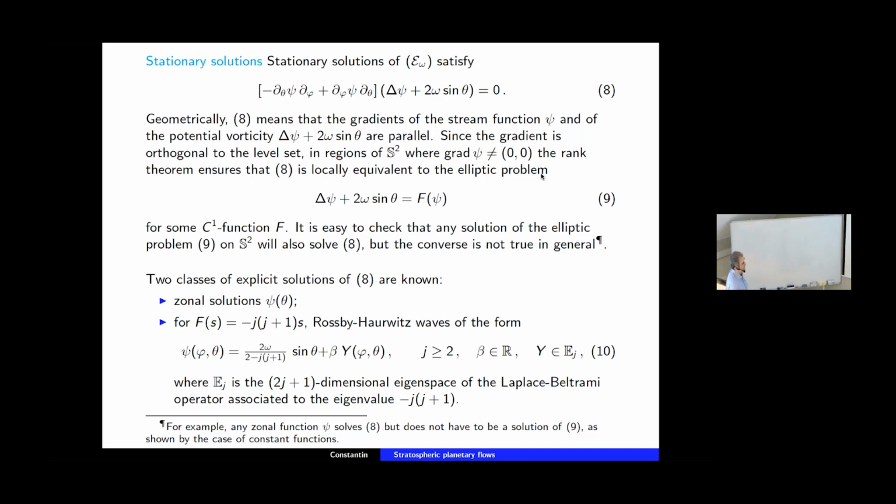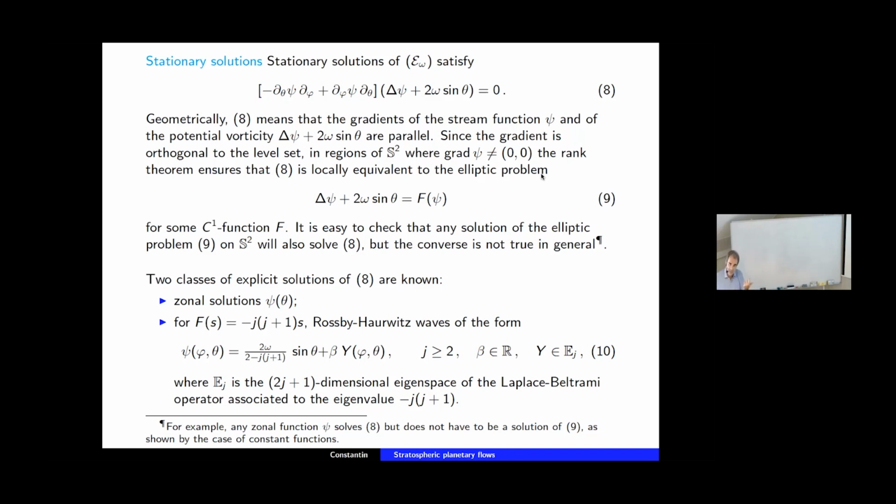This is just an eigenfunction, where minus j times (j plus 1) is the eigenvalue. And if you take this function to be linear, then it translates to these things. And these Rossby-Haurwitz waves could be zonal when this eigenfunction is zonal.